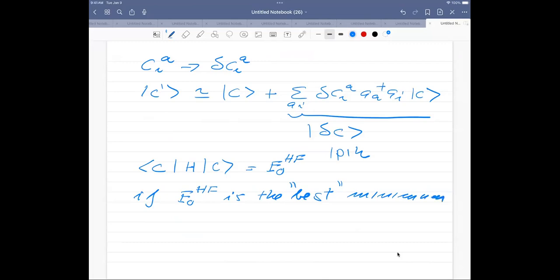Since I can write a new Slater determinant in terms of that state C plus a small variation, that means that what I need to test now is to calculate this expectation value divided by the norm. In the previous case, I assumed that my state C is normalized, constructed from orthonormal states, so we don't need the denominator. So what we would have to demonstrate now is that this is larger than or equal to E0 Hartree-Fock.